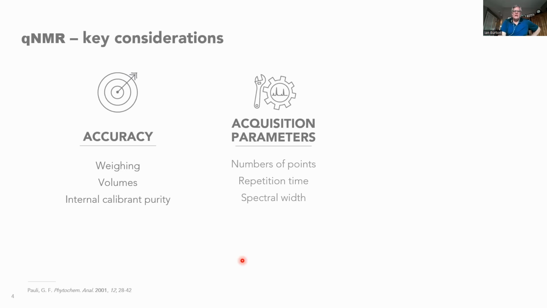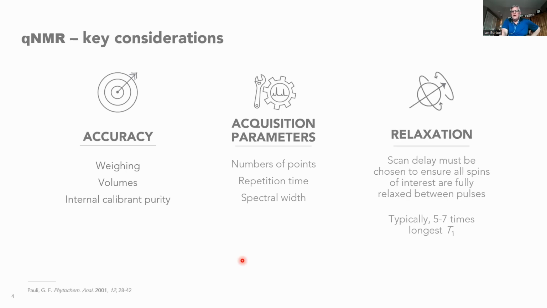That used to be more important before digital filtering, but generally you don't want to quantitate anything too close to the edge of your spectrum. The key, always critical, is relaxation time, and typically you want to wait 5 to 7 times your longest T1. With the lignins, we use a relaxation reagent. We're using chromium acetylacetonate as a relaxation reagent to reduce the repetition time.